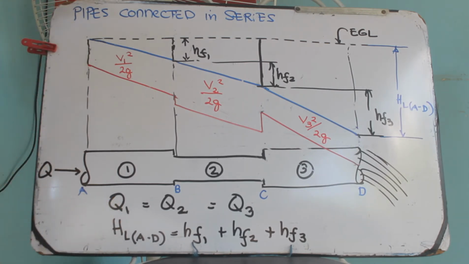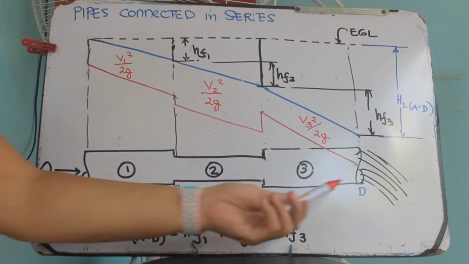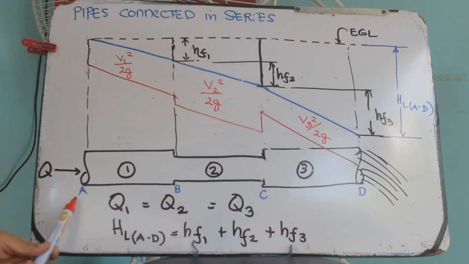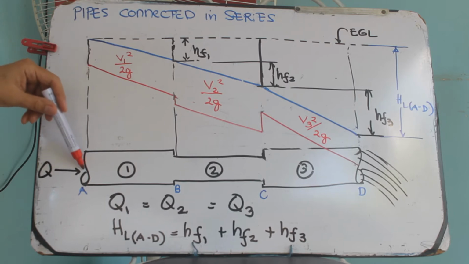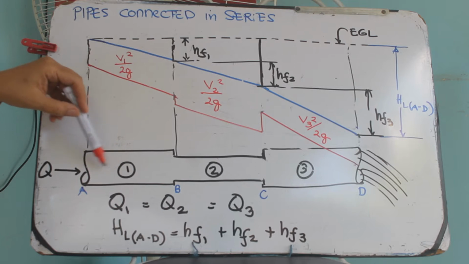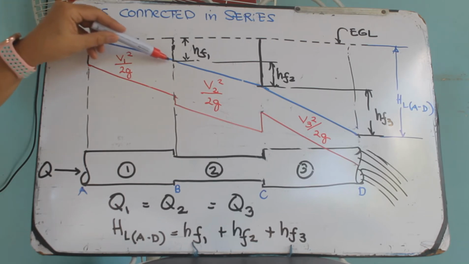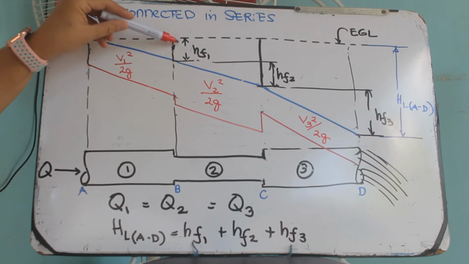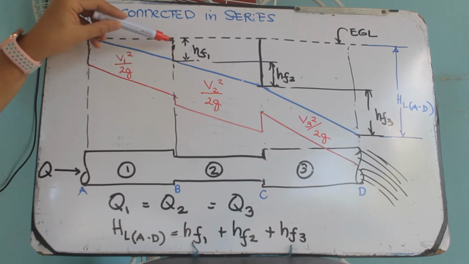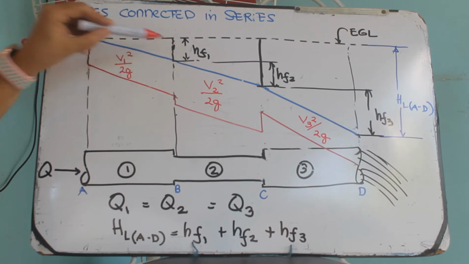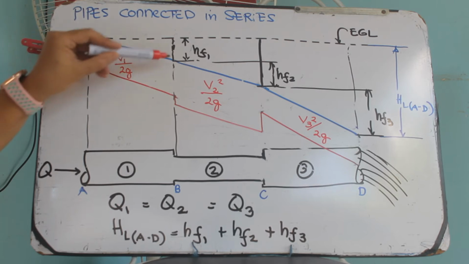Okay, so from this point to the discharge end at D, let's name the points A, B, C, D. This is the total energy possessed by the fluid as it enters point A. Now, as the fluid enters point A and travels along pipe 1 up to B, the head is decreased by an amount which we call the frictional loss along pipe 1, that is HF1.